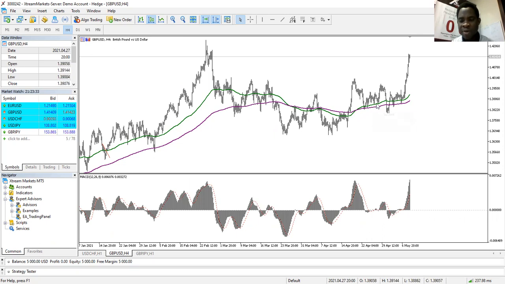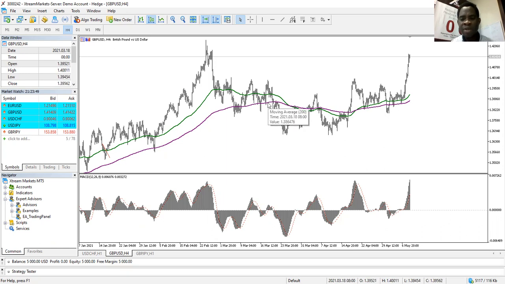For example, from our last discussion, I told us that the moving average, once you see price above it, is indicating a potential bullish movement. That's the price is going up.